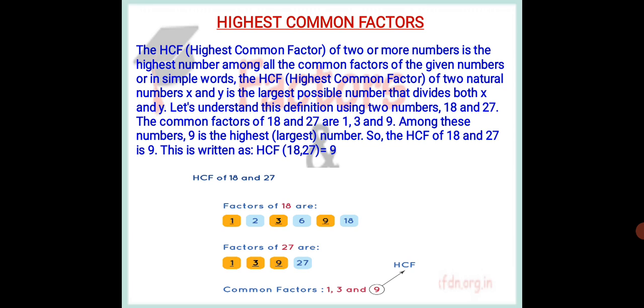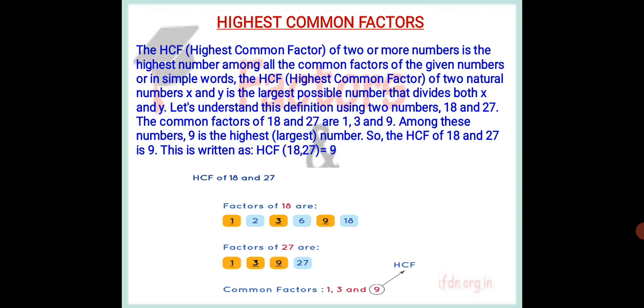The common factors of 18 and 27 are 1, 3 and 9. Among these numbers, 9 is the highest. So we can say HCF of 18 and 27 is 9. We write this using this notation: HCF of 18 and 27 is 9.